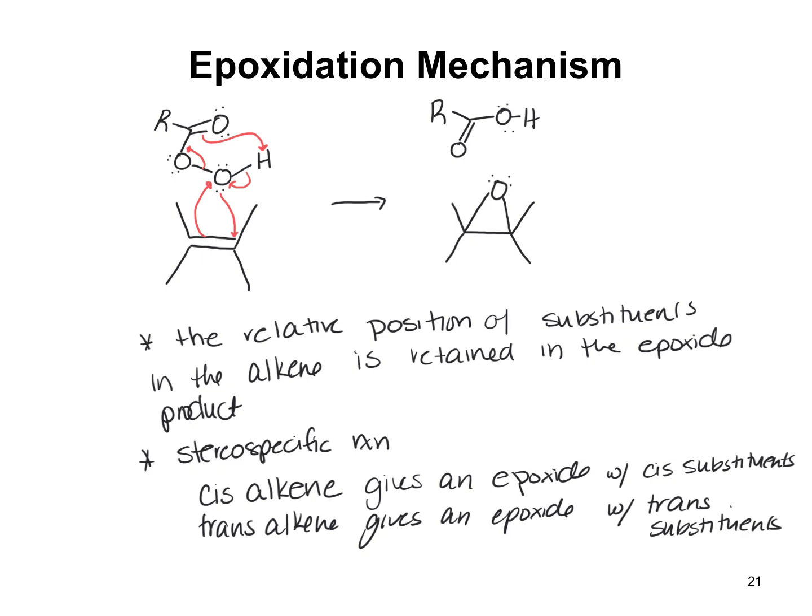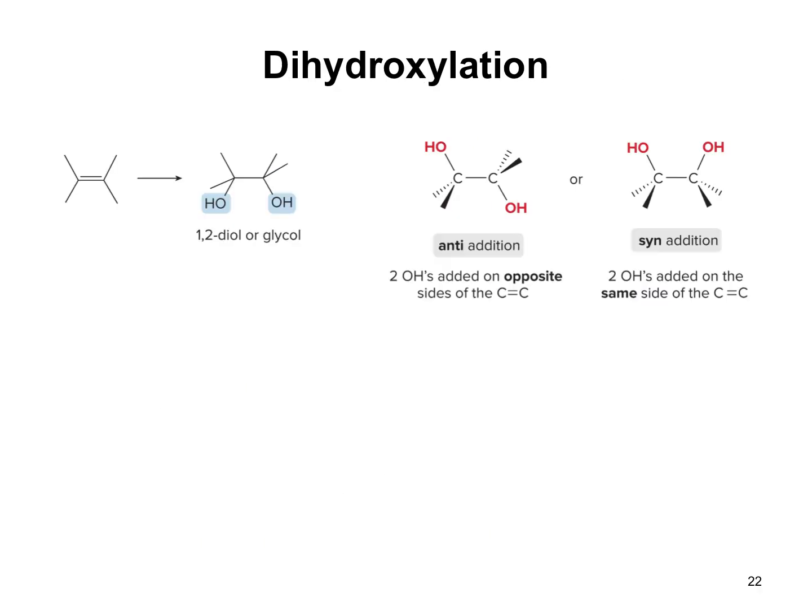So if your alkene starts off as cis here, you're going to be cis here. If it starts off as trans here, you're going to end up being trans there. Now, let's look at the next type of oxidation reaction, which is dihydroxylation.